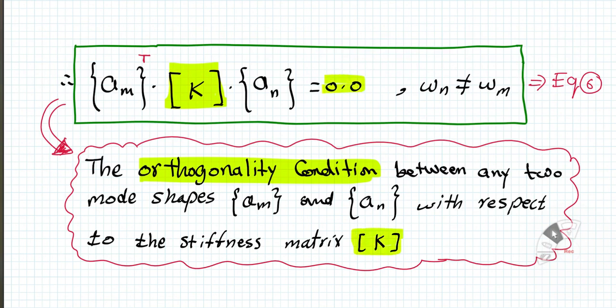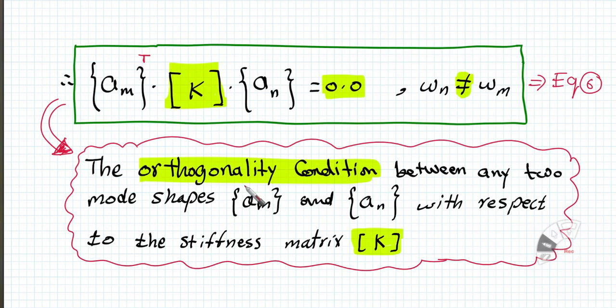Remember that the right hand side here is going to be 0, and we must bear in mind that omega n does not equal omega m, and this is logical mathematically before being physically logical.